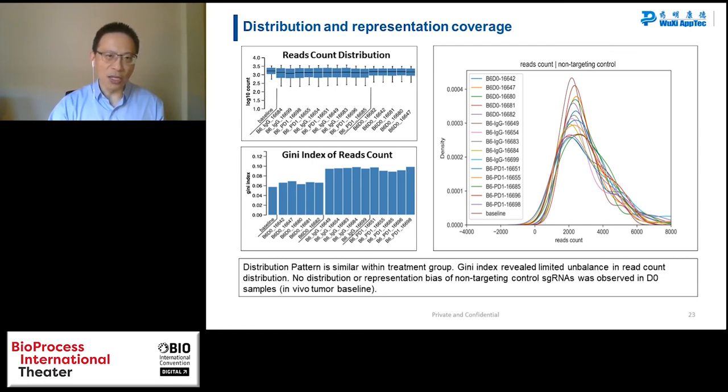As you can appreciate, for this screening, the read counts are evenly distributed across all the samples from the start to the end. The Gini index reveals very little imbalance of the guides in these samples, and the non-targeting guide RNA sequences are well represented in all of the samples.